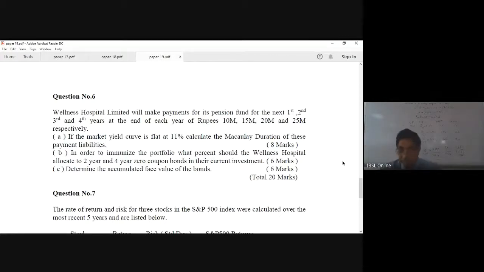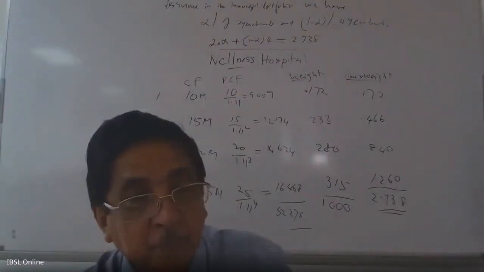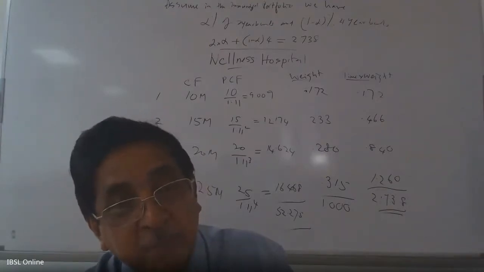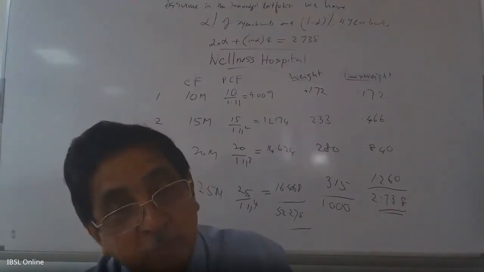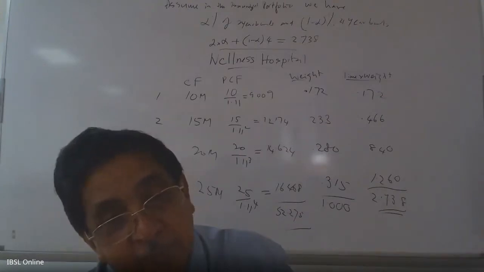Right, when you assume in order to have an immunized portfolio, we need to equate the liability duration with the asset duration.